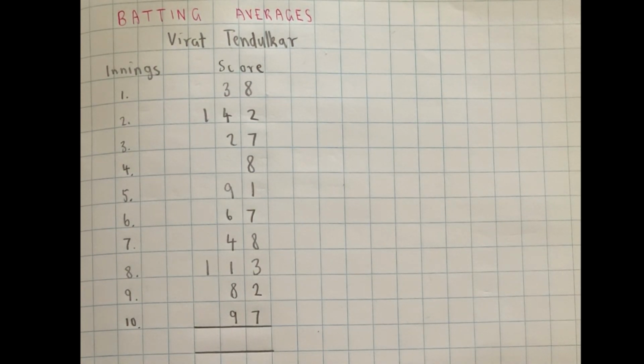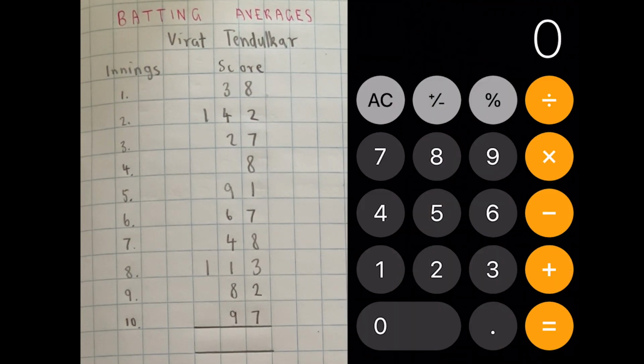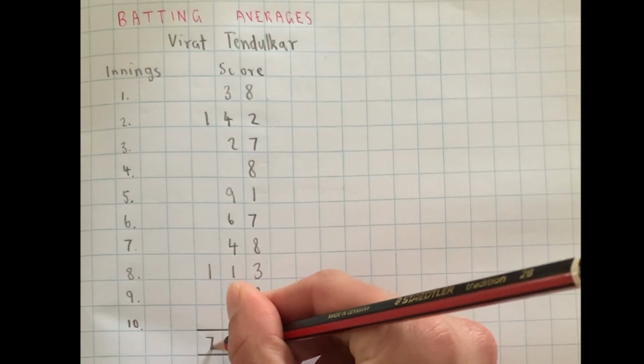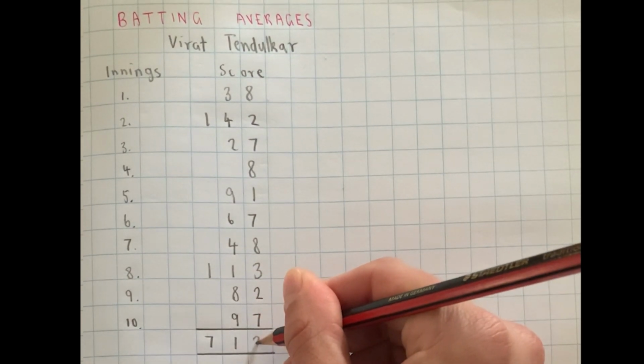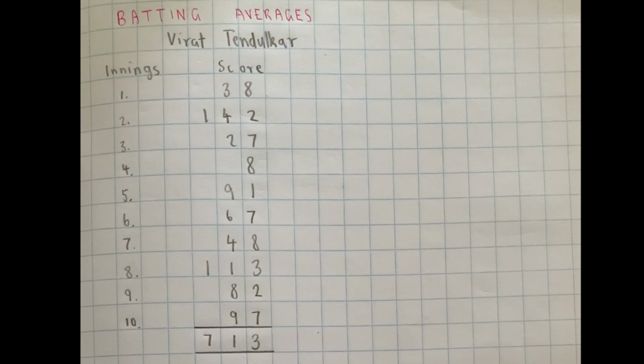There's a couple of strategies you could use to add up these scores. You could use a calculator, which I'm going to do, or you could also use the vertical addition strategy. So using the calculator, I've added up all the scores, and I've found that Virat Tendulkar in his 10 innings scored 713 runs. Okay, so that's the first part.